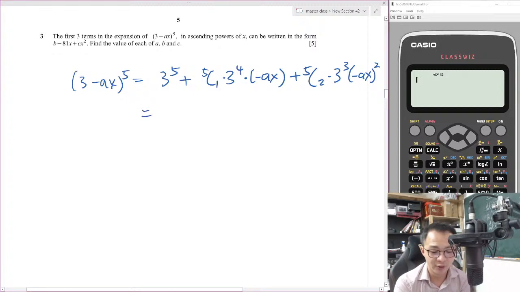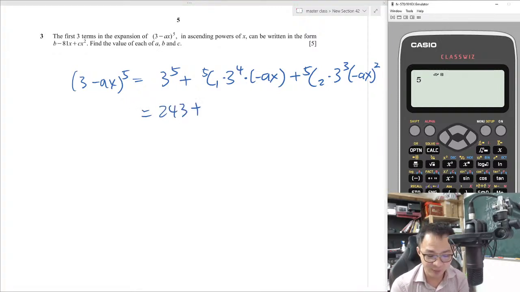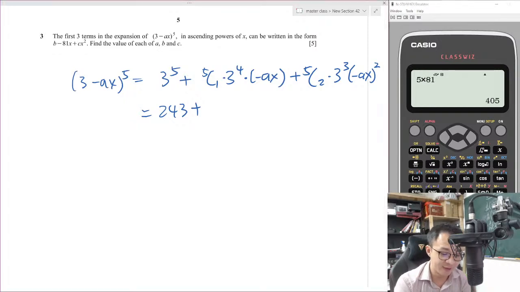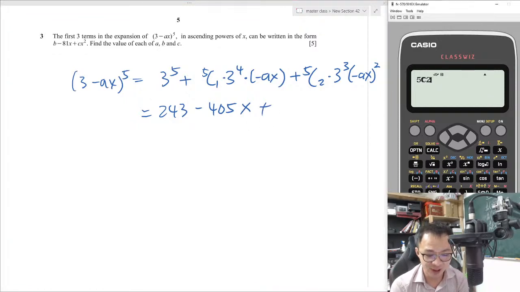Alright, so 3 power of 5 is 243. This one is 5 multiply 81, so it's negative, and you will get negative 405x. This one will be 5C2, so you see how I type here, multiply 27.